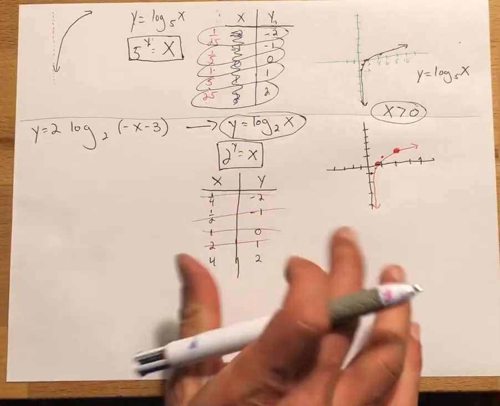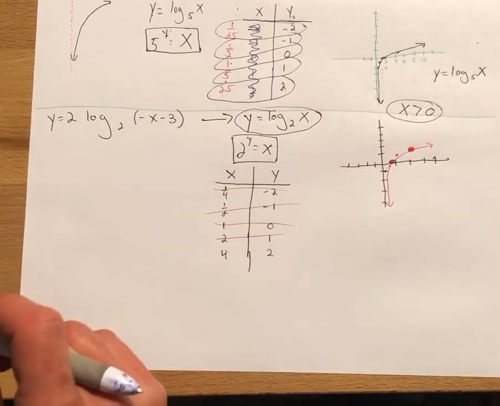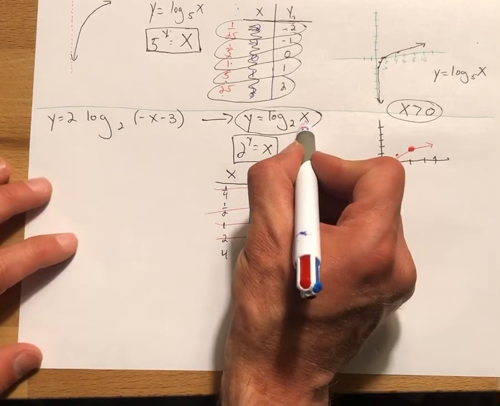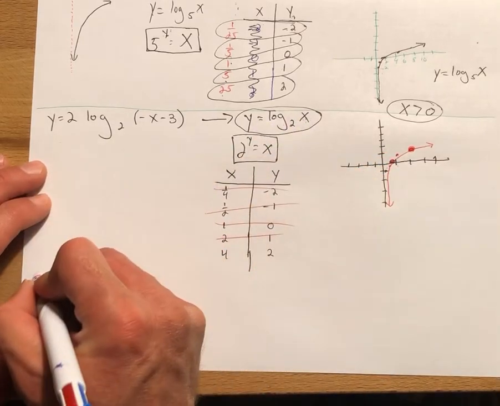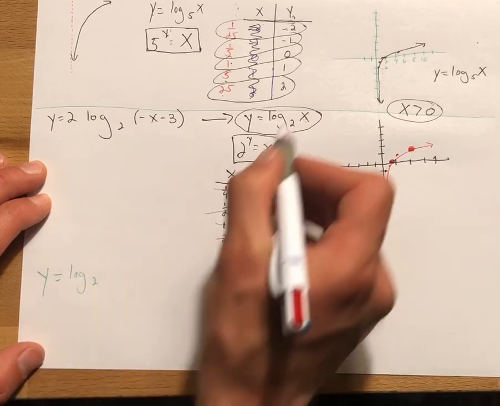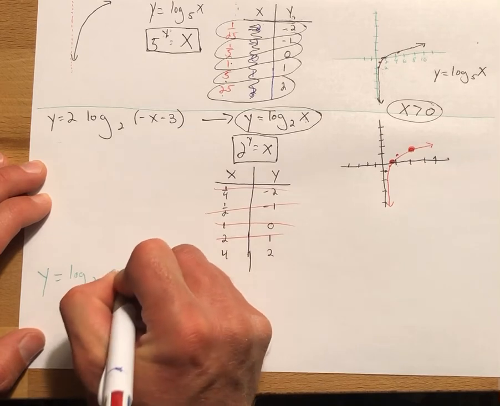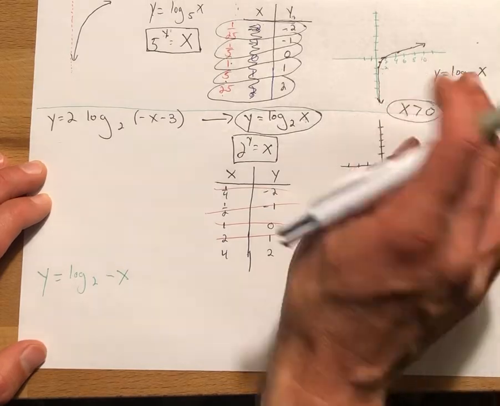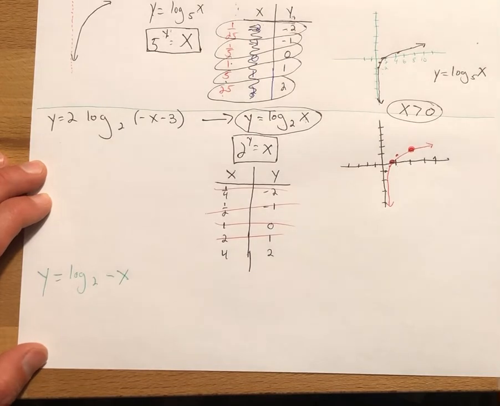These 2 right here. Now, this isn't what I'm supposed to graph, but it's helpful to graph the parent function. Now on the notes, I say let's replace this x, y equals log base 2, with a negative x. If I have a negative x, that means conceptually everything flips over the y-axis. It's just a flip.